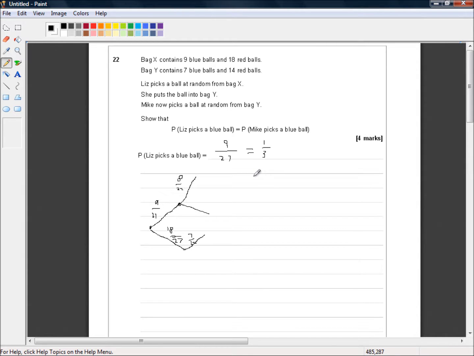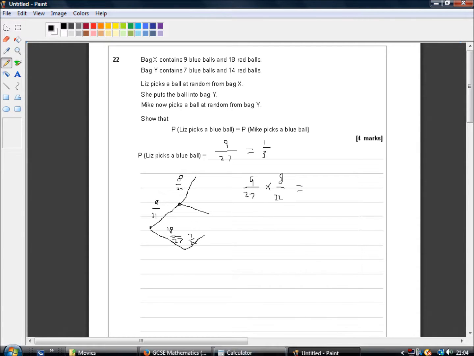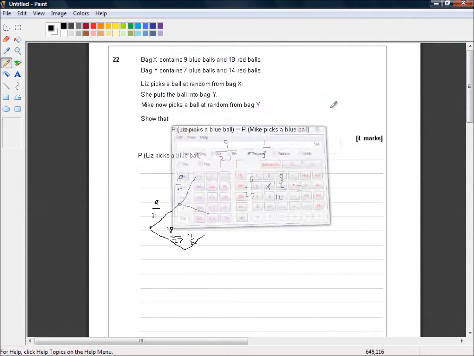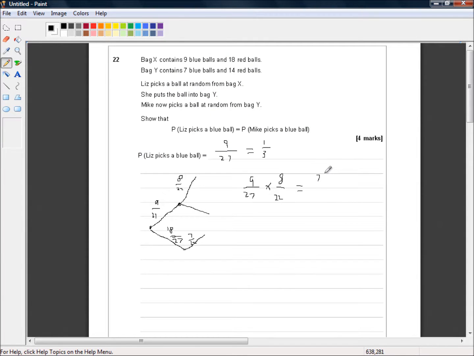Let's start off by multiplying these. 9 out of 27 times 8 out of 22 is equal to 9 times 8 is 72, over 27 times 22, which is 594. So that's 72 out of 594.